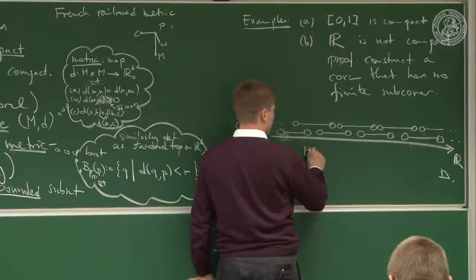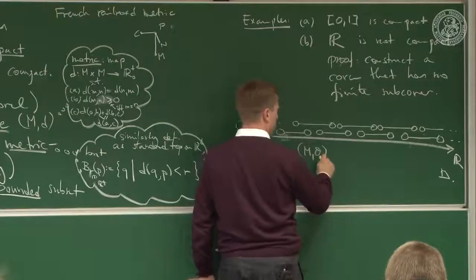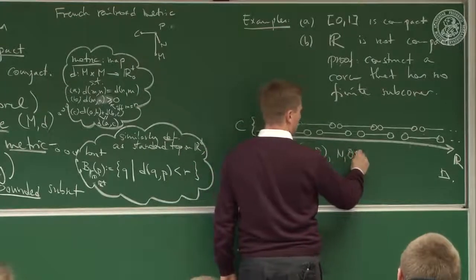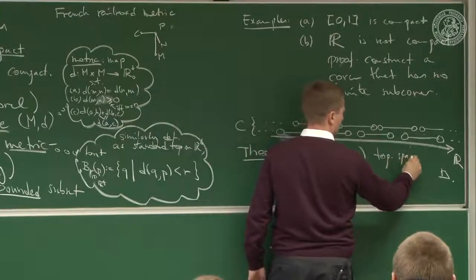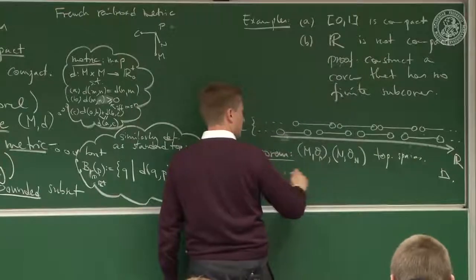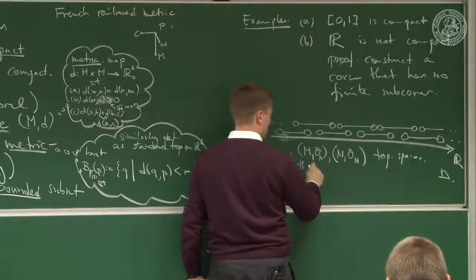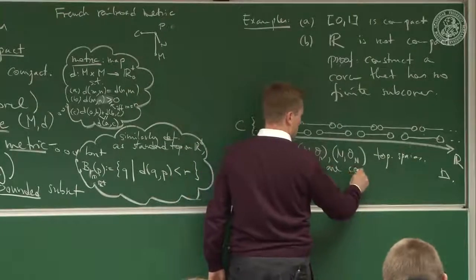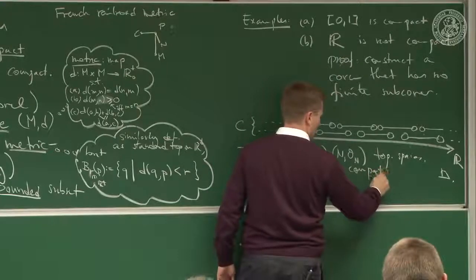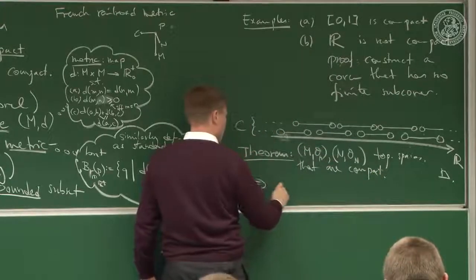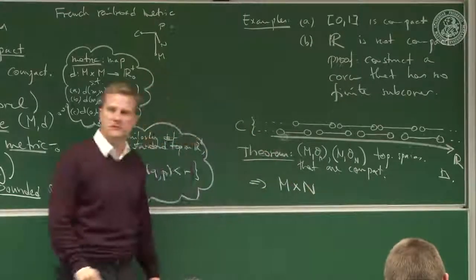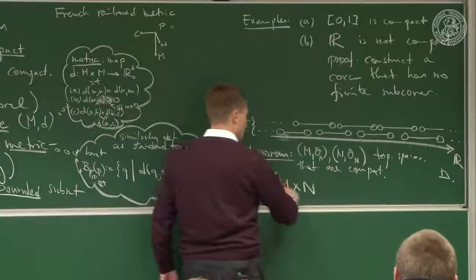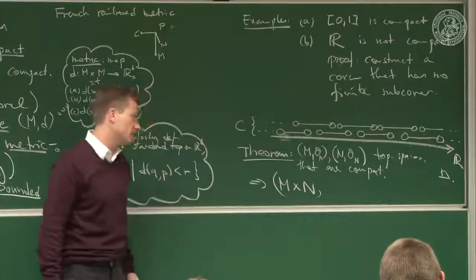Take two topological spaces that are compact. Then it follows that the Cartesian product of the two spaces, how do I make them into a topological space?